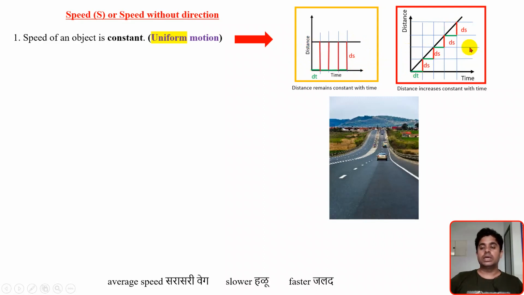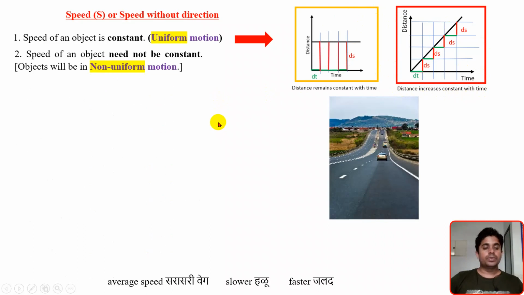But for this graph, the graph starts at the origin or 0 point. Both graphs represent uniform motion itself, but this graph represents distance constant with respect to time, and this graph indicates the distance increases with respect to time. Both graphs represent uniform motion only.